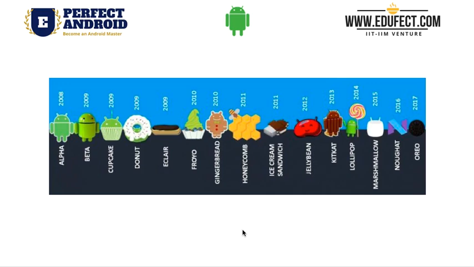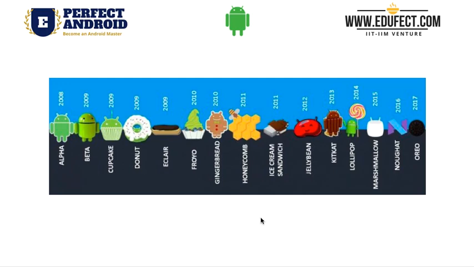It has followed a very interesting naming strategy. So as you can see, the first release was alpha, then beta, then cupcake, then donut. So you can see the starting alphabets A, B, C, D, E, F, and so on till the current version, which is Oreo, is O. So every time they've just moved one alphabet up.